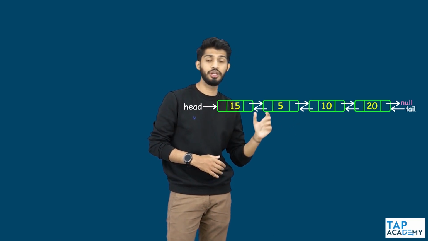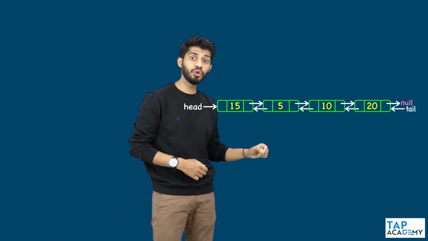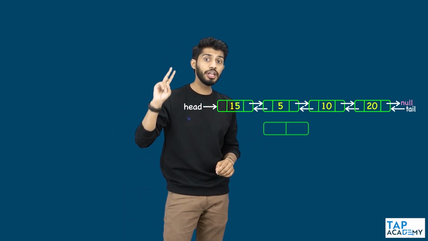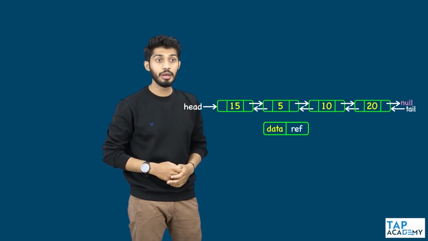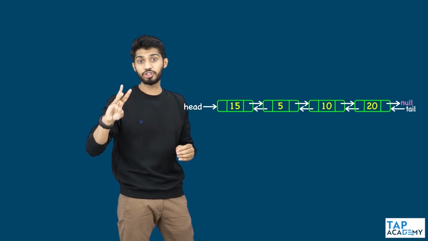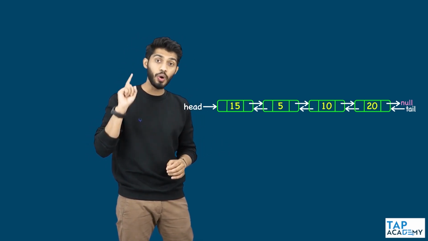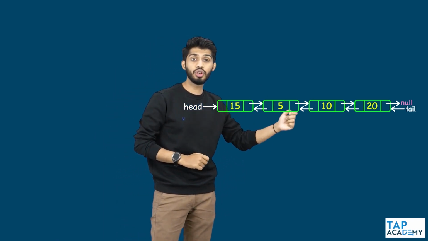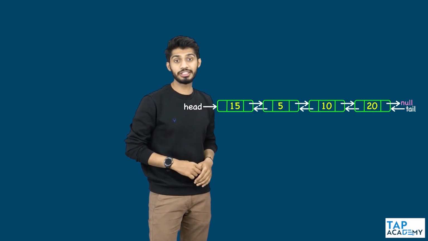Usually in a single linked list, every node had 2 parts: one was the data and the other was the reference to the next node. But you can clearly see here that there are 3 parts: one is data and the other 2 are references. One reference refers to the next node, whereas the other refers to the previous node. And that's what has happened over here.